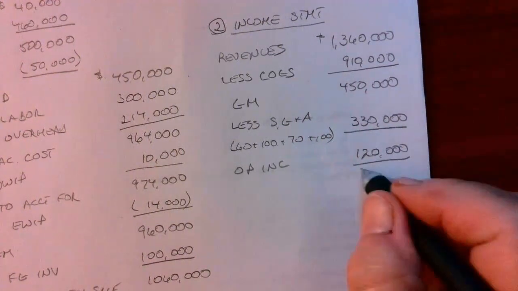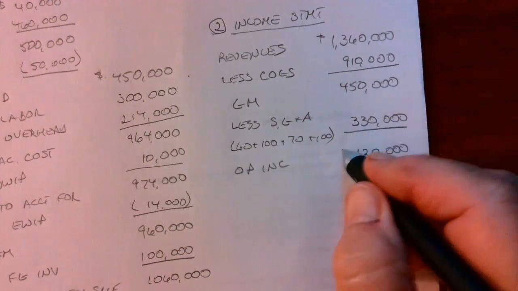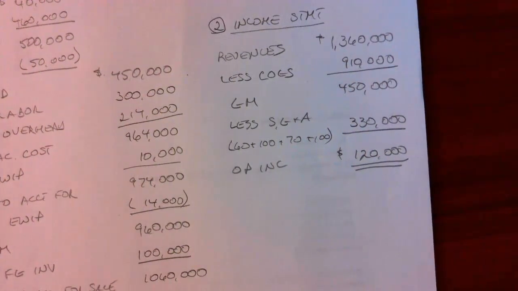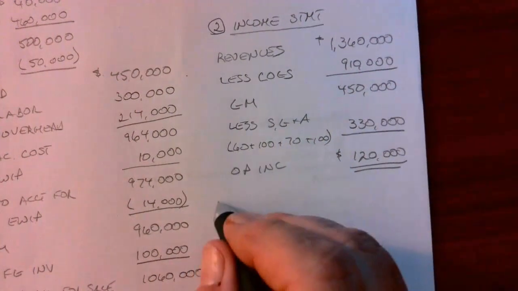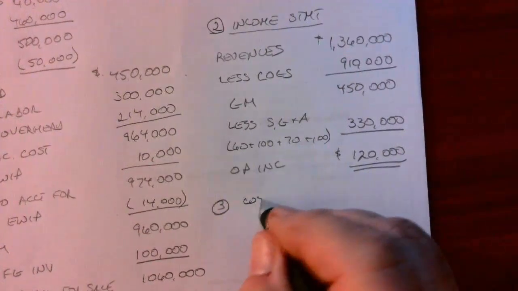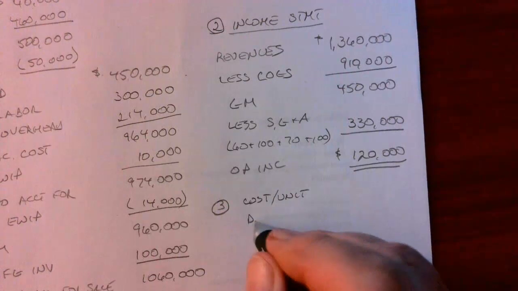Okay, there's a lot to this, so you want to make sure that you can do it without looking at the solution, right? That's the plan. So what else do I have here? Okay, now the next thing they want to know is the cost per unit for direct material.